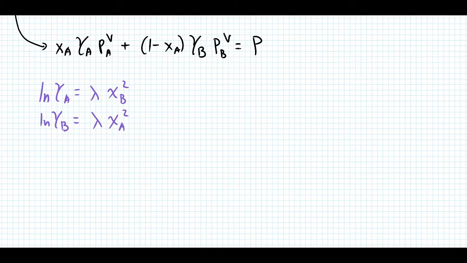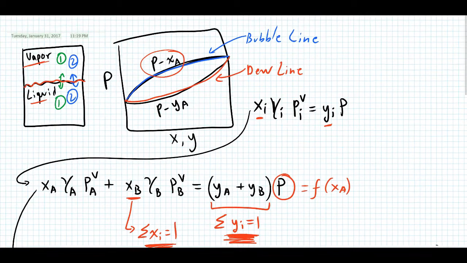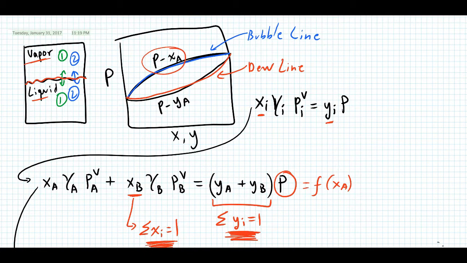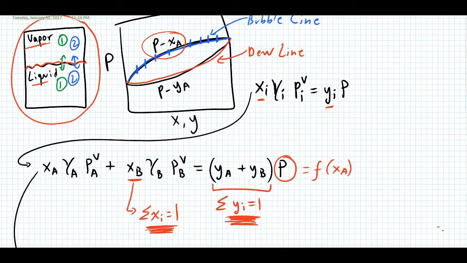Also, this term lambda is usually a function of temperature and is not the same for gamma A and gamma B. However, for the sake of the problem, we're told to assume that lambda is a constant. We can do that because in a Pxy diagram, each of these points is plotted at a constant temperature, where this system is allowed to reach equilibrium, and at equilibrium the temperature is pretty much constant.